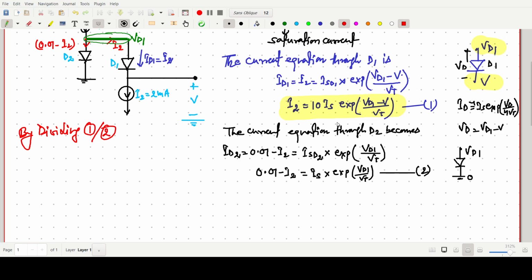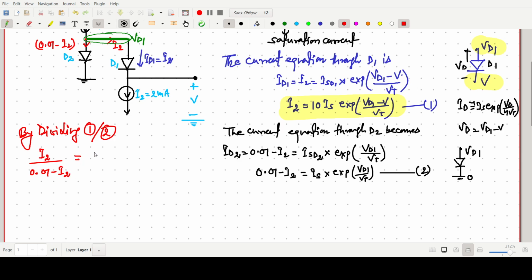So this one is I2. Simply I am writing I2 divided by 0.01 minus I2.